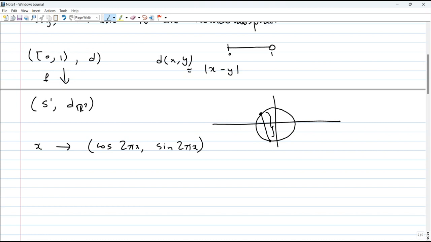I'm not proving that here because there are more powerful ways of proving functions are continuous, and I will show you those techniques in the future. For now, you can check it using the epsilon-delta definition. But the function is invertible, and the inverse is not continuous.